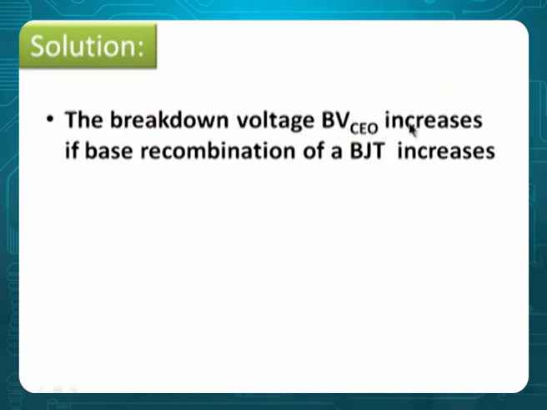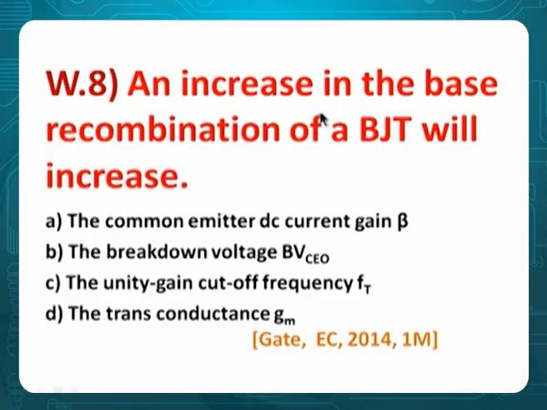The breakdown voltage VCBO increases if base recombination of BJT increases. Please understand, as I have been telling, if base recombination increases, base current increases. When the base recombination increases, IB is increasing. When base current is increasing, IC is decreasing.